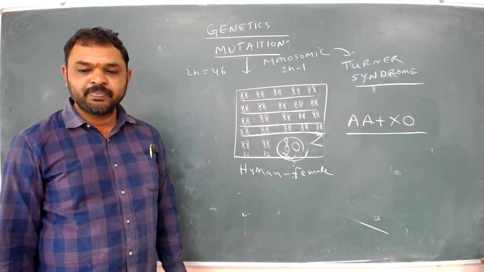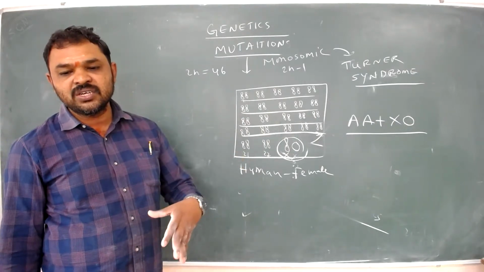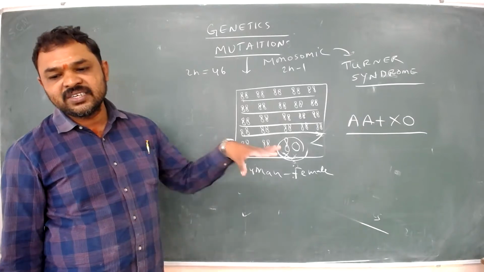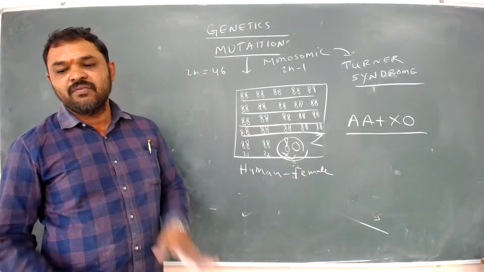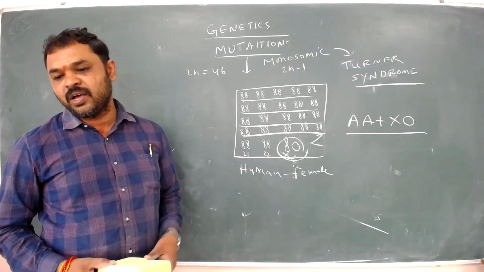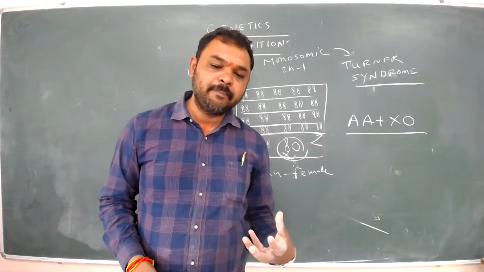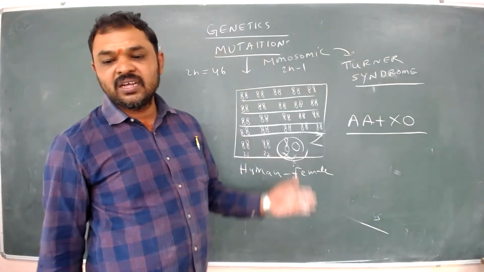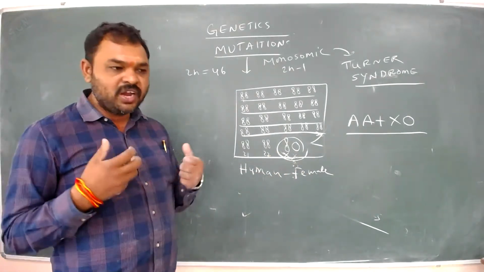Turner syndrome occurs in female human beings. What are the characteristics? They have a short stature body, webbed neck, and they are not able to produce ova. Klinefelter are infertile males, but Turner syndrome are infertile females, unable to produce ova and so unable to give birth.